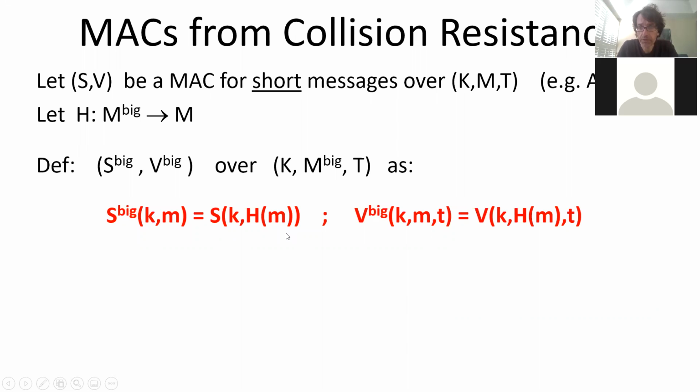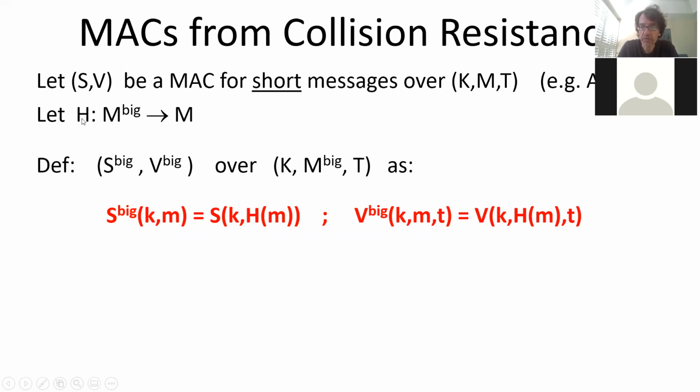Now, if you have a collision-resistant hash, you immediately get a MAC from a single PRF. Because, look, remember that using a PRF, we can implement a MAC on a short message, right? So a MAC on a short message is just a PRF applied to the message space. And that's already a MAC. Okay.